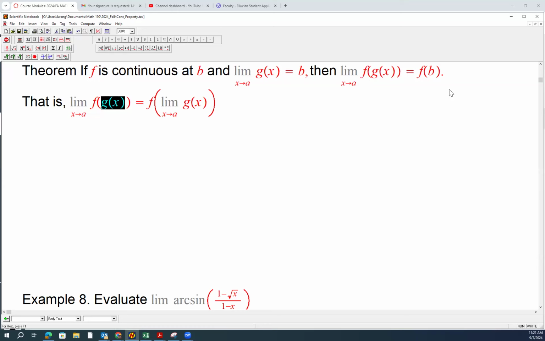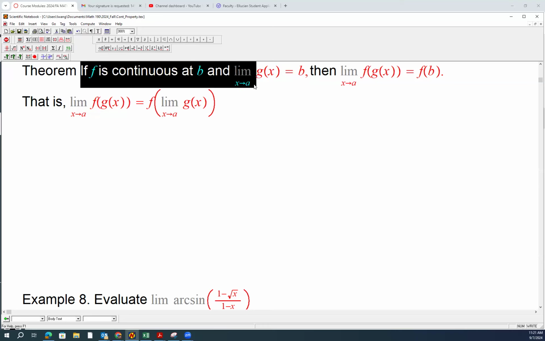So in this case, it basically says if x approaches a and f is continuous, is g continuous required? No, g continuous is not required. It only asks that g has a limit when x approaches a. You can see in this theorem, it did not require g to be continuous.